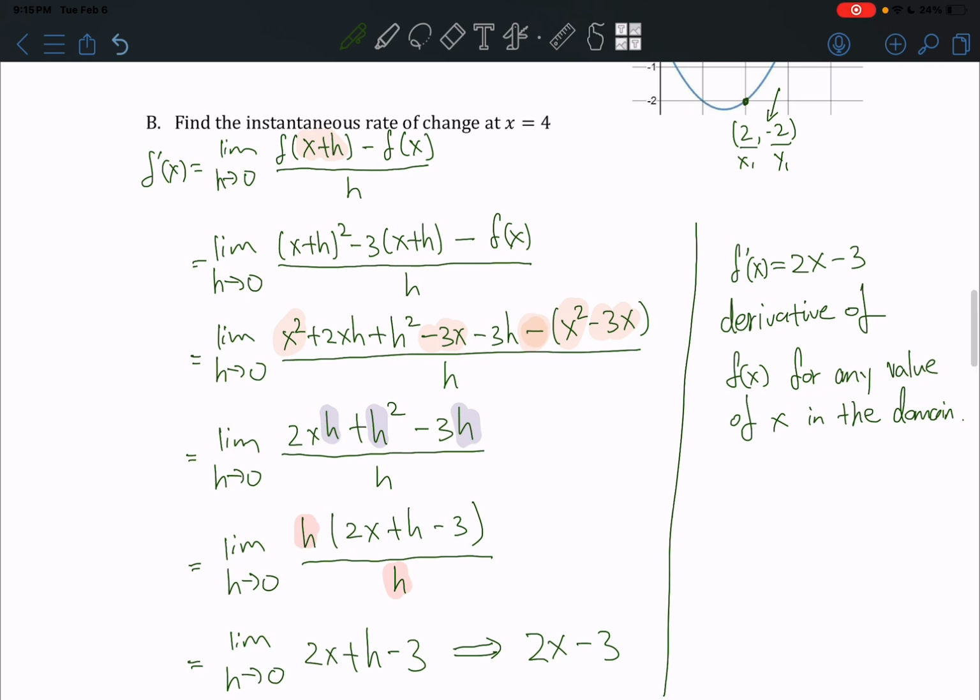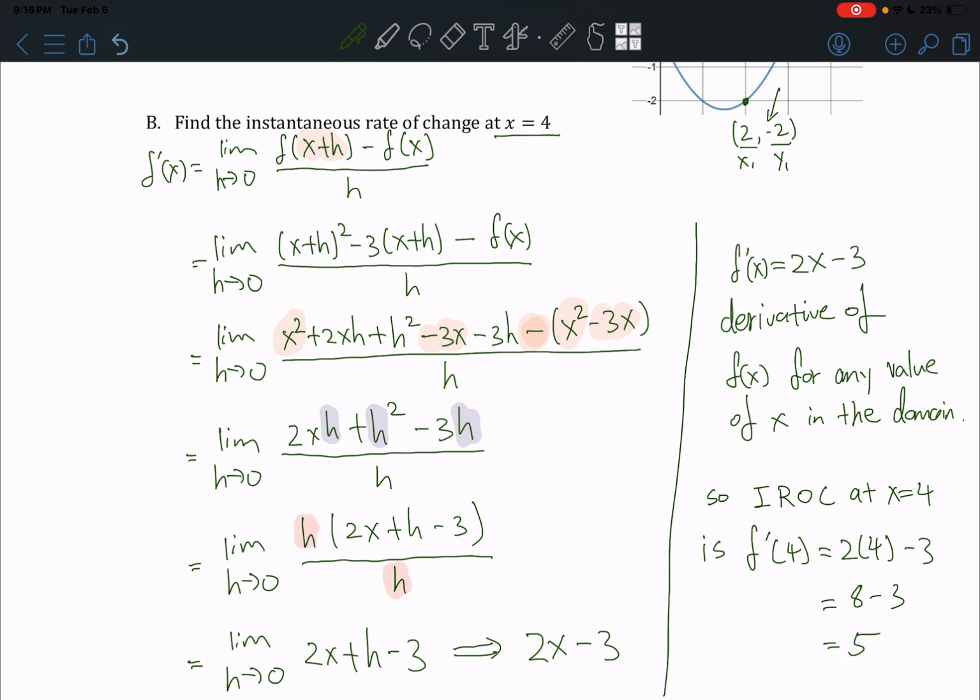So the question says the instantaneous rate of change at x equals 4. All I have to do is plug this value into my function. So the instantaneous rate of change at x equals 4 is simply f prime of 4, which is equal to 2 times 4 minus 3, and that's equal to 8 minus 3, which is equal to 5.